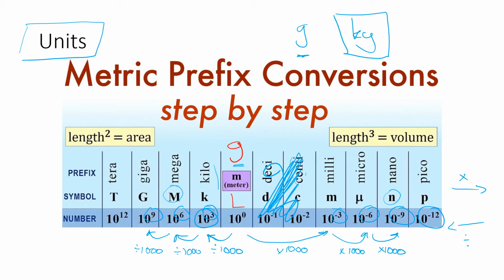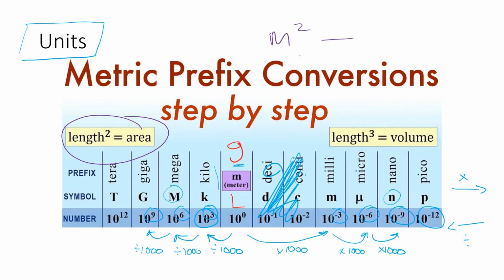One thing I also want to touch on is this idea of length. If I have meters squared and I want to go to kilometers squared, these units have been squared. So if we're converting from meters squared to kilometers squared, we actually have to square the value that we're multiplying by as well. Going from meters to kilometers, usually we would divide by 1,000, but because our units are squared, we also have to square this value.